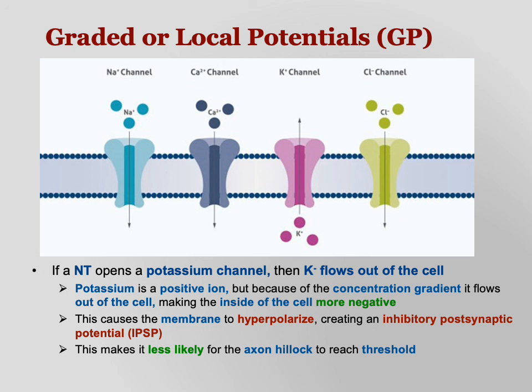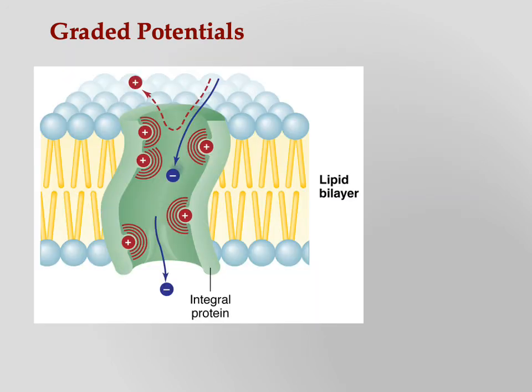So once again, opening a sodium channel, ligand-gated or voltage-gated, wouldn't matter, is going to cause a depolarization. If we open a potassium or a chloride channel, that's going to cause a hyperpolarization. Okay? So let's go back and take a look here.